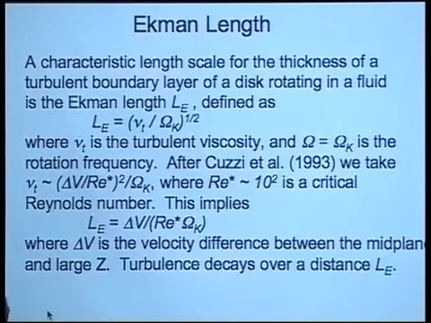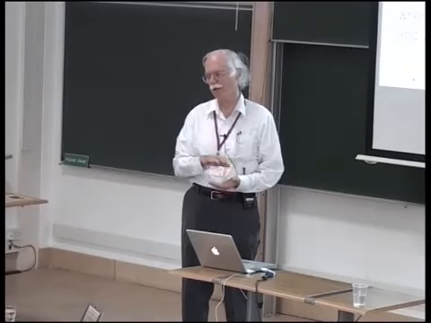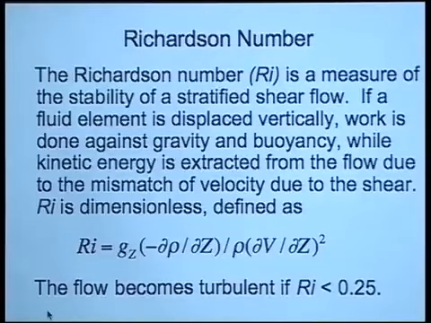And you can't really make the flow vary on a smaller length than this, because this is how far the momentum goes and spreads. And it's a characteristic length for the decay of turbulence that is generated in one place and is advected to another region.